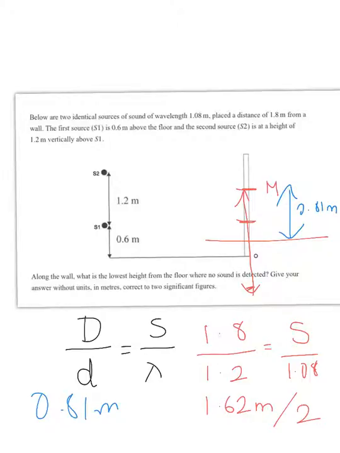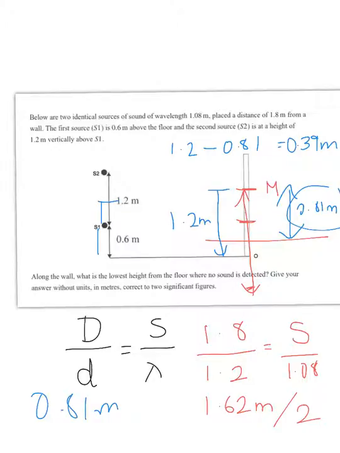Okay, so if you see it up there on the diagram, now if we have a distance here of 1.2 meters, because this is 0.6 plus 0.6, then we can work out our value by simply subtracting our 0.81 value from 1.2, which gives us an answer of 0.39 meters.